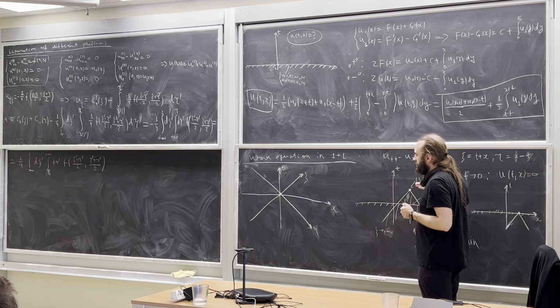From 0 to t dt prime, or in principle it can be minus infinity. Let us put a 0.